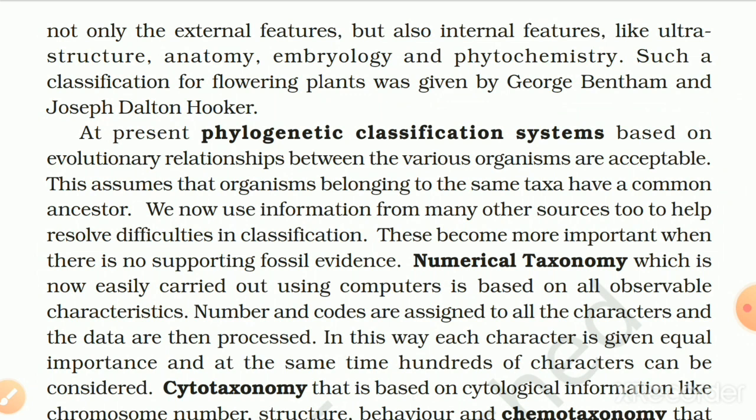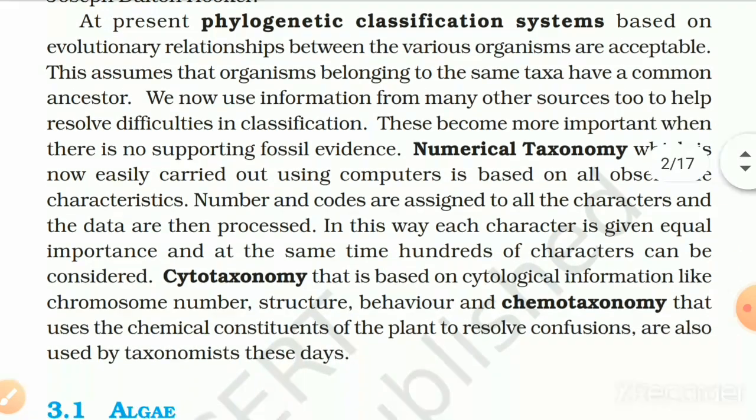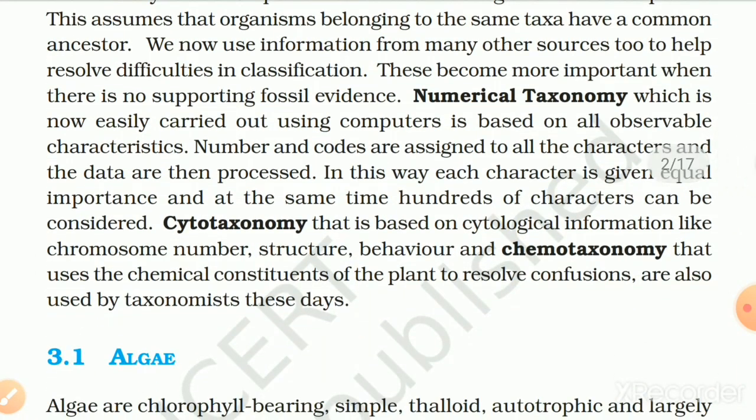At present, phylogenetic classification systems based on evolutionary relationships between the various organisms are acceptable. This assumes that organisms belonging to the same taxa have a common ancestor. We now use information from many other sources too to help resolve difficulties in classification. These become more important when there is no supporting fossil evidence.